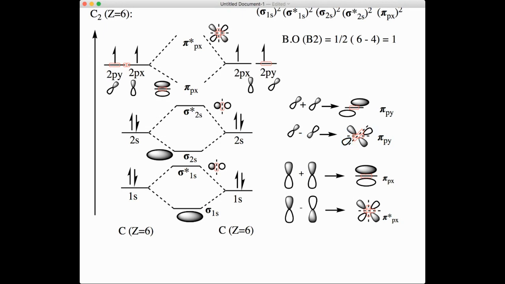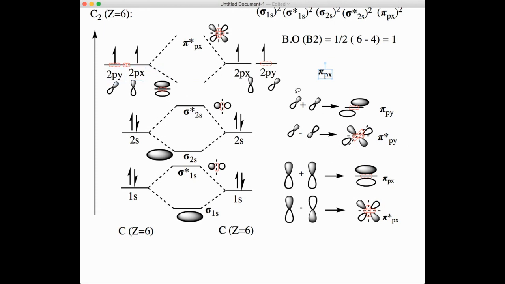Okay, so that would be a pi star py. So combining in phase 2px leads to 2 pi px, one bonding, one anti-bonding.